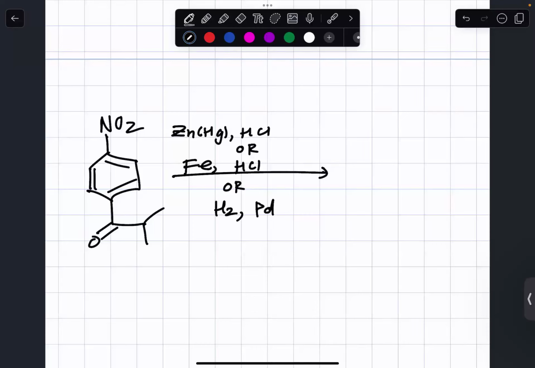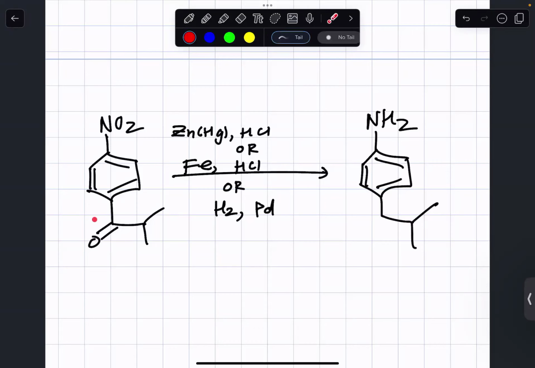All of these three reagents are reducing agents that would reduce the NO2 into NH2 and the carbonyl into alkane. So it just gets rid of that carbonyl. It goes bye-bye. But it reduces this NO2 to NH2, right?